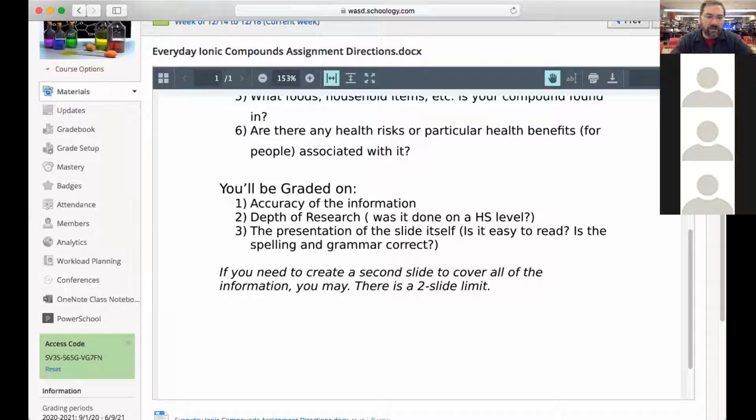So one thing you might read about all of these compounds is that they are maybe important and safe at some level, but then they could be toxic at another level. For instance, you need regular salt in your diet, but if you were to eat 5 pounds of salt, not only would that be disgusting, but that could kill you.